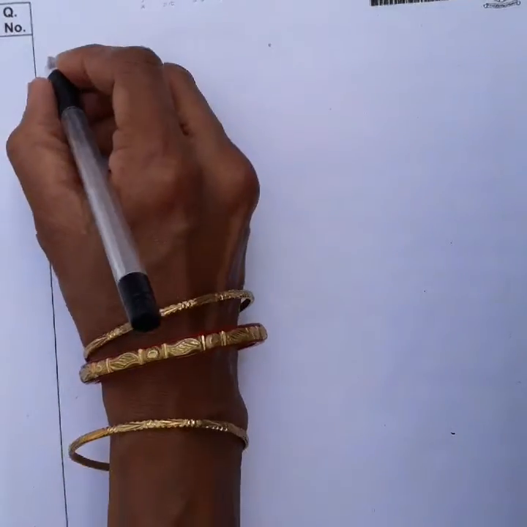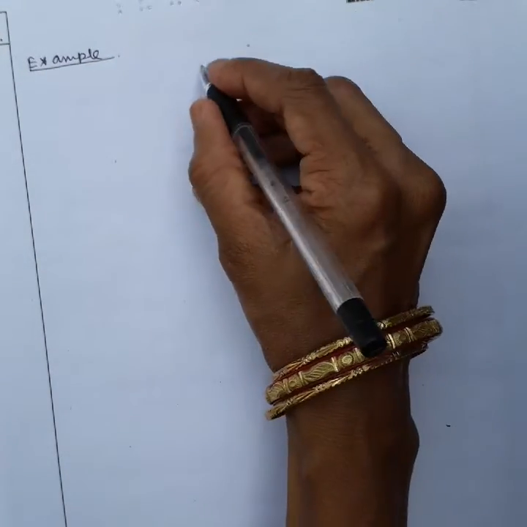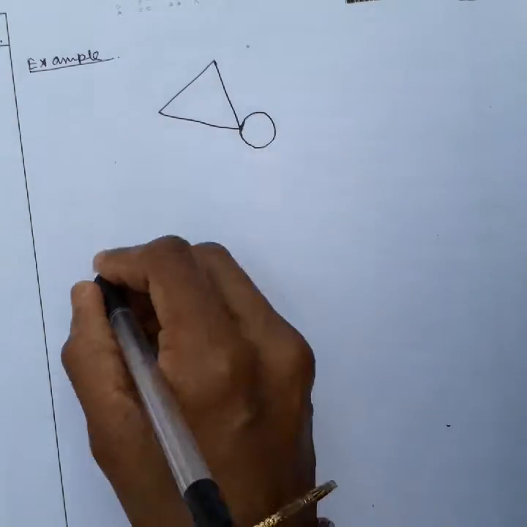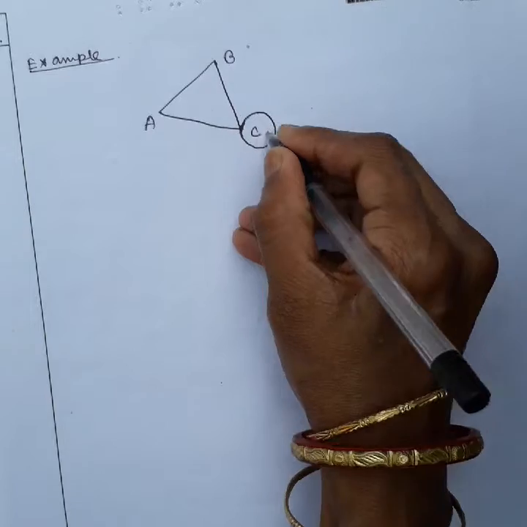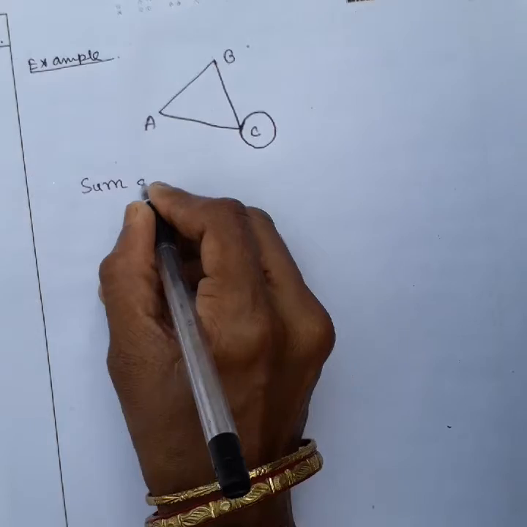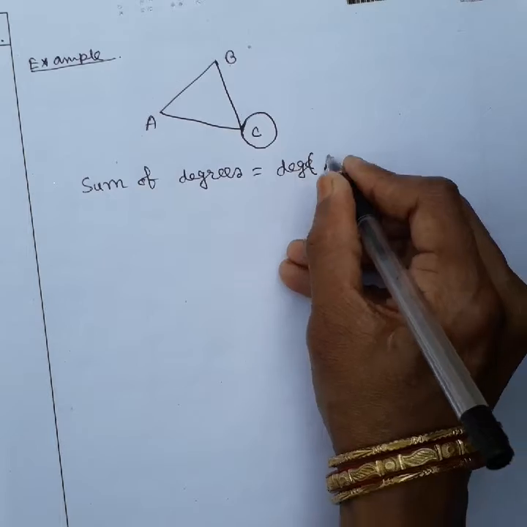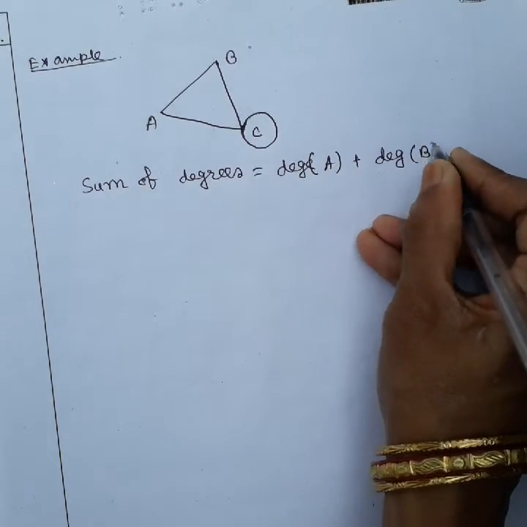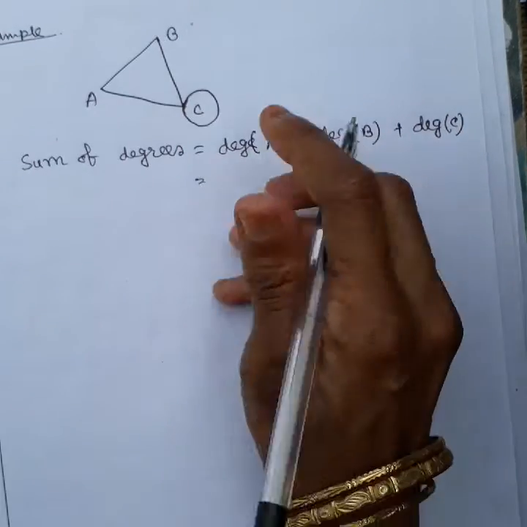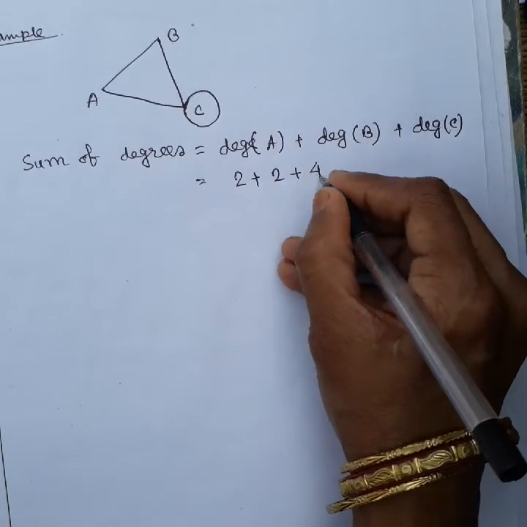For example, if this is a graph with 3 vertices A, B and C, then the sum of degrees is equal to degree of A plus degree of B plus degree of C. That is, degree of A is 2, degree of B is 2 and degree of C is 4.